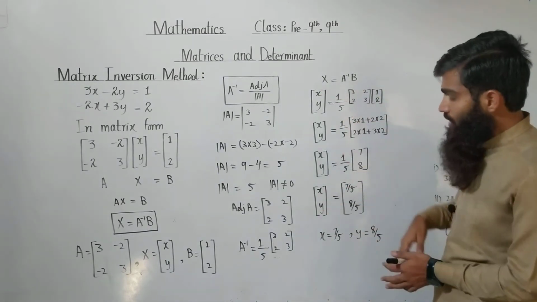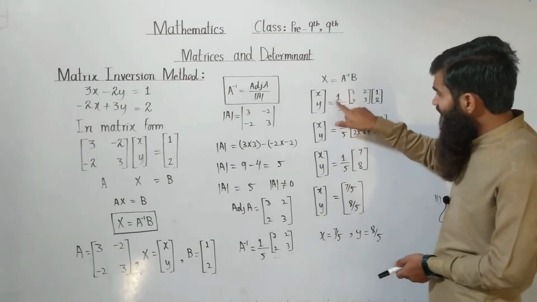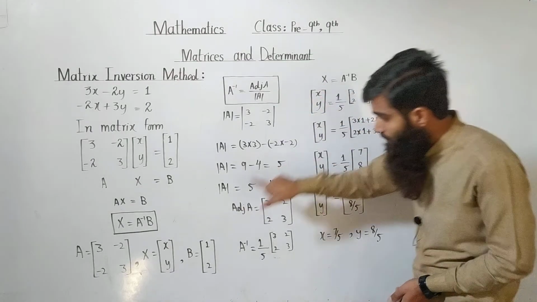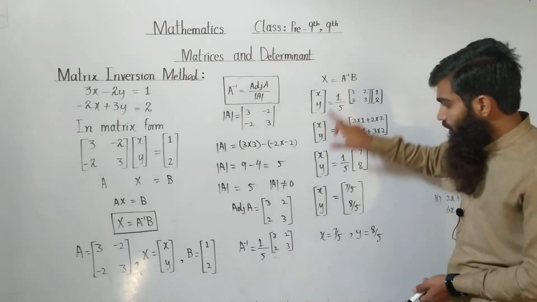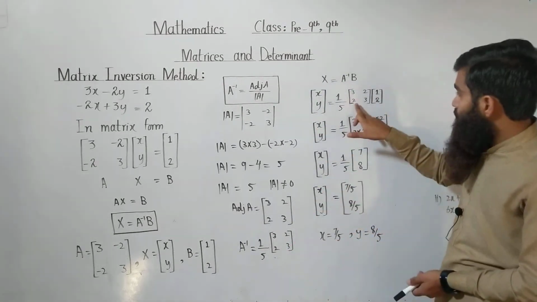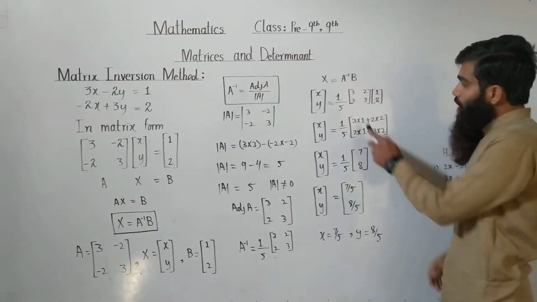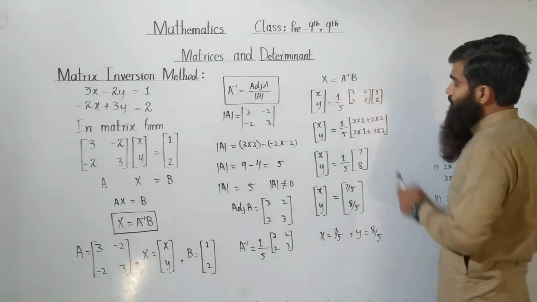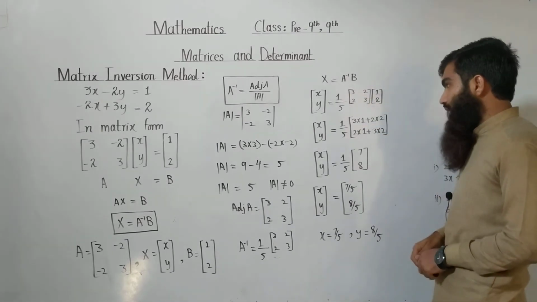Now again students, this equation X is equal to A inverse B. As you know, the value of X is given here, XY, and the A inverse value we found here, that we will put, and after that the B value, as you can see here. Now these both matrices are multiplying with each other, so we will multiply them.